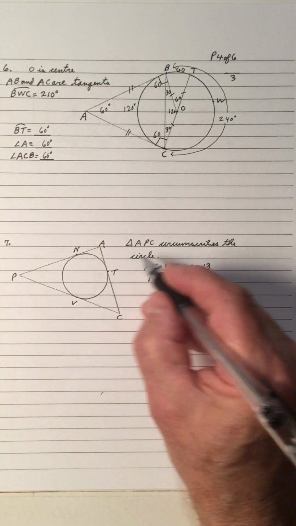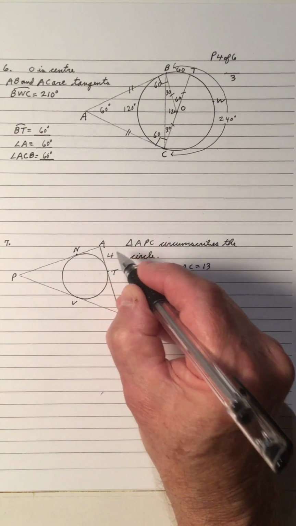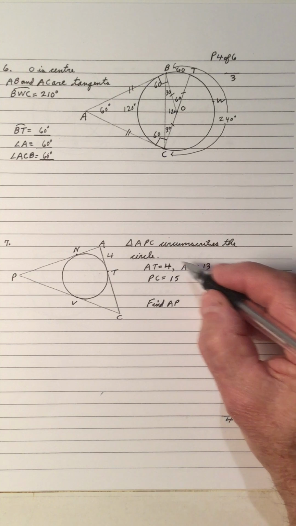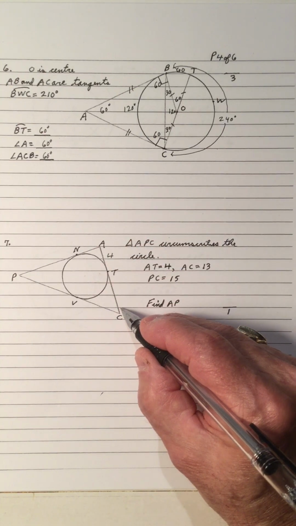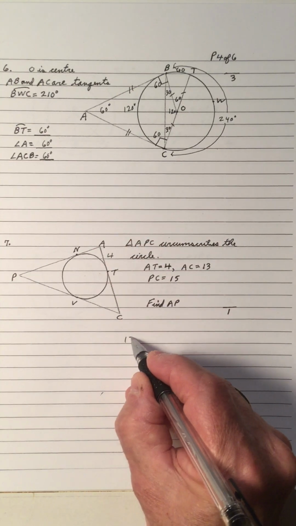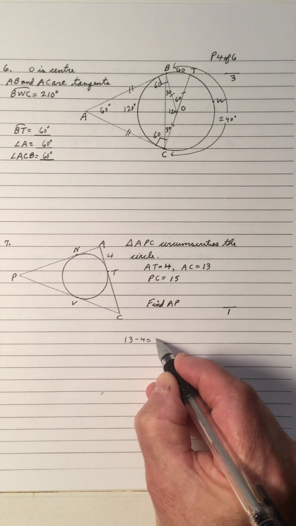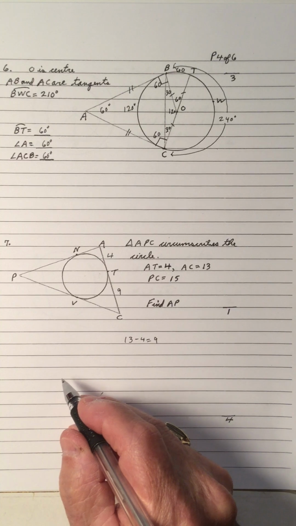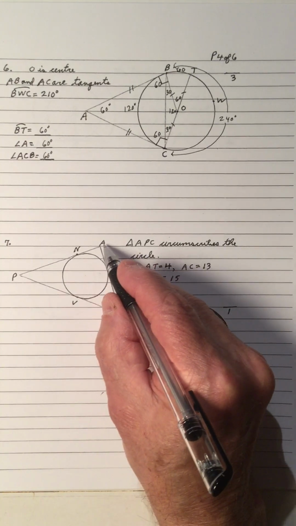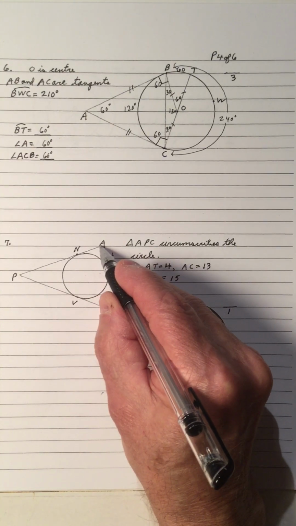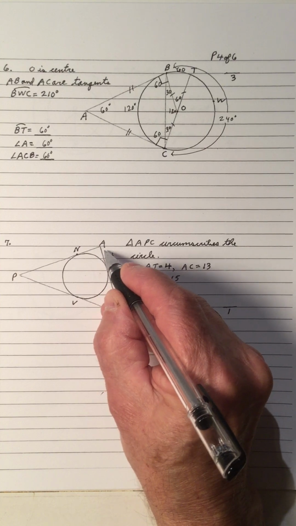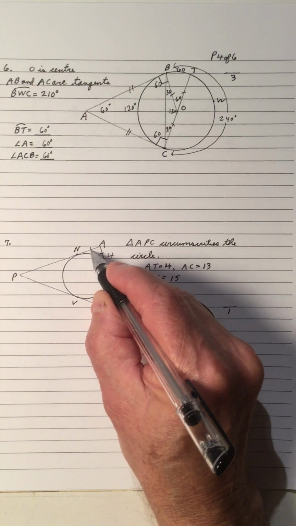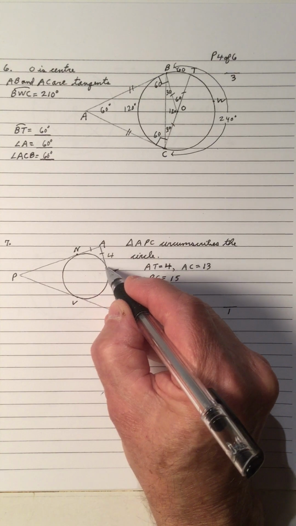Now, we have AT is 4. We have AC is 13. So 13 minus 4 gives you 9. So that's 9. Now, these are tangents from a common point A. So that means that AN equals AT.